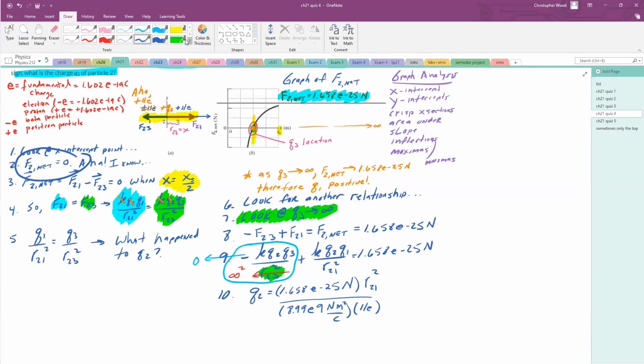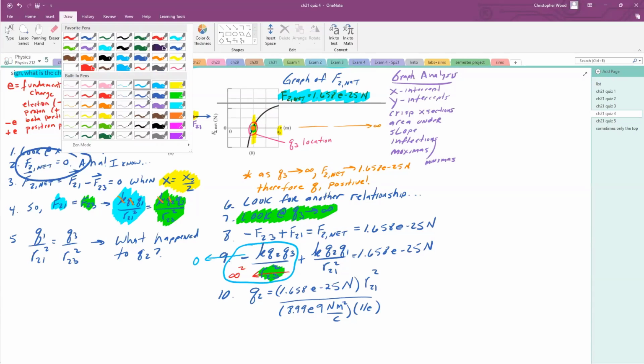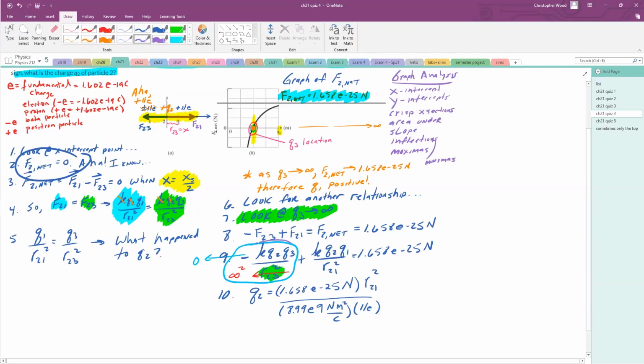First of all, yes, I'm confident that this term can be ignored, because if Q3 is off at infinity, then there is no force exerted on particle 2 from particle 3. So yes, this is negligible now. That goes to 0. I'm left with this expression. I want to isolate Q2, so let's make sure I did that without any mistakes.